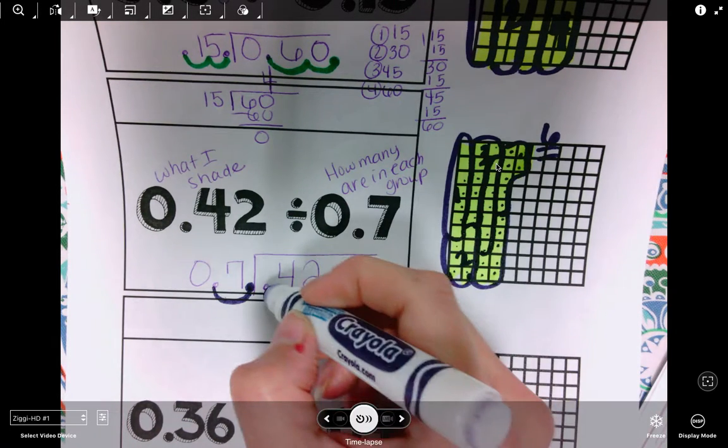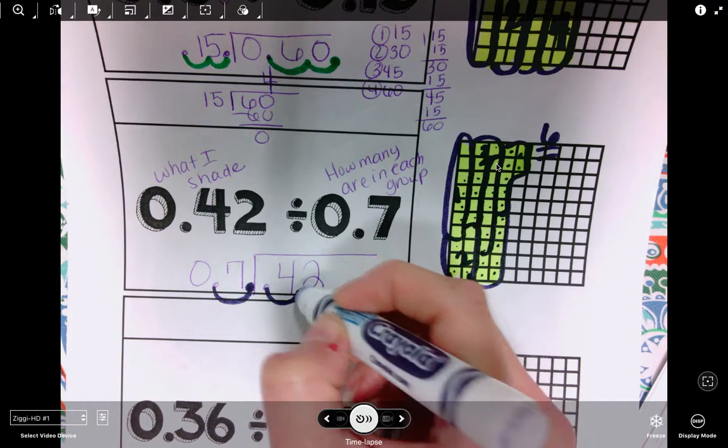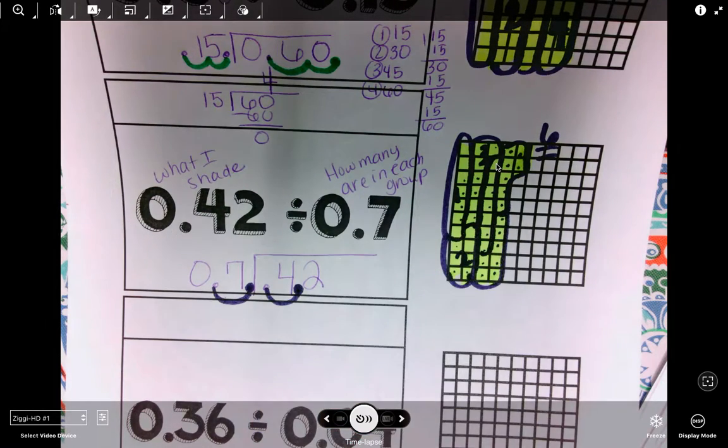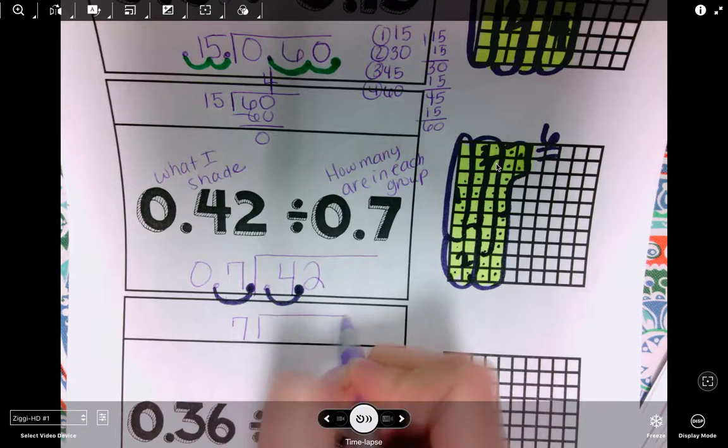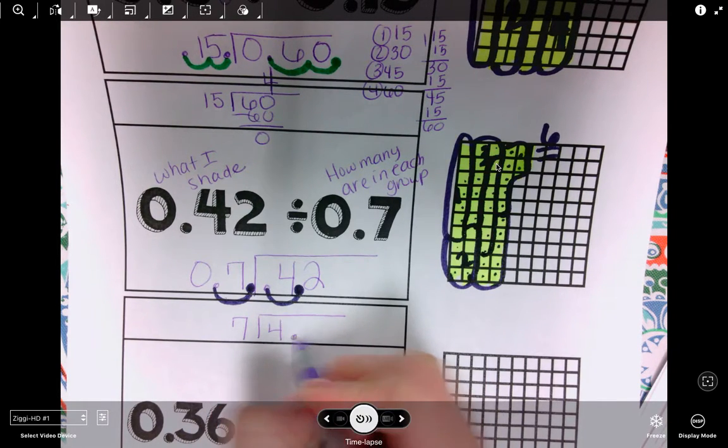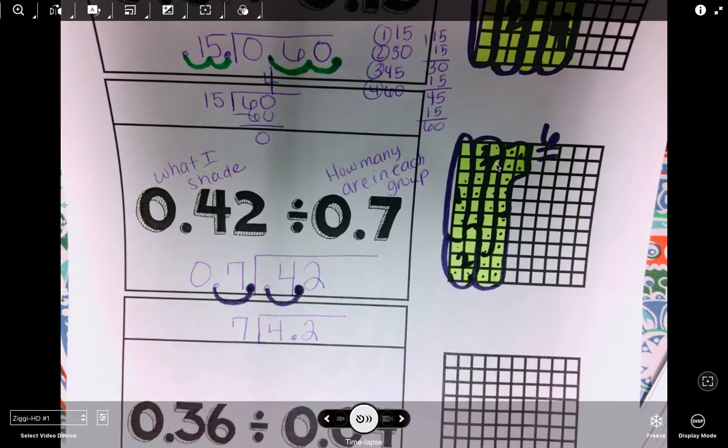Okay? So then we would move this just one time here. If we rewrite this, we have 7 wholes and 4 and 2 tenths.